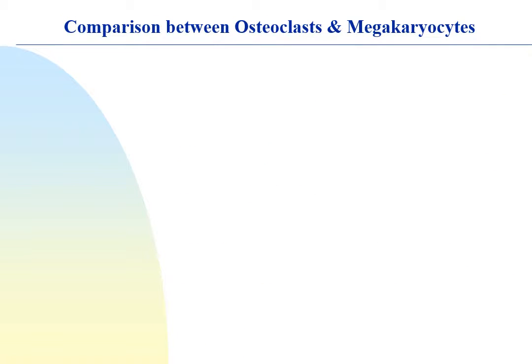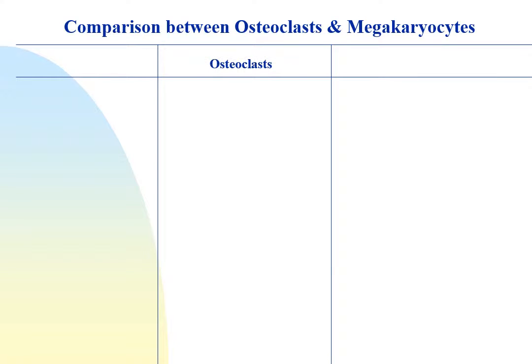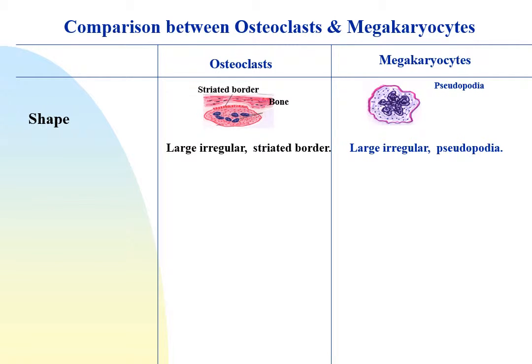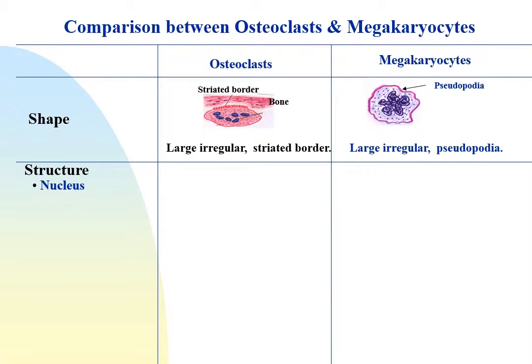Comparison between osteoclasts and megakaryocytes. Shape. Osteoclasts are large, irregular cells with a striated border facing the bony surfaces. On the other hand, megakaryocytes are also large, irregular cells, but with pseudopodia, not a striated border. Structure. Nucleus.